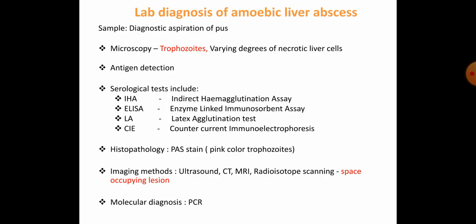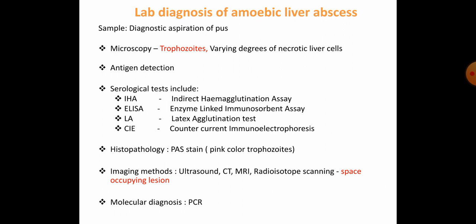Coming to the lab diagnosis for amoebic liver abscess, the sample is a diagnostic aspiration of the pus, which is sent to the laboratory. Microscopically, we can see the trophozoites, and there are also varying degrees of necrotic liver cells.